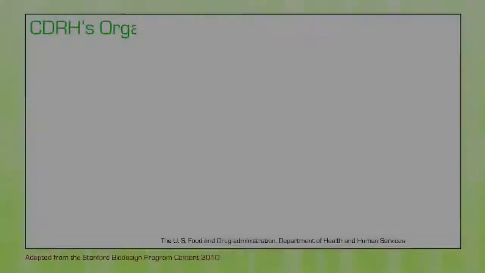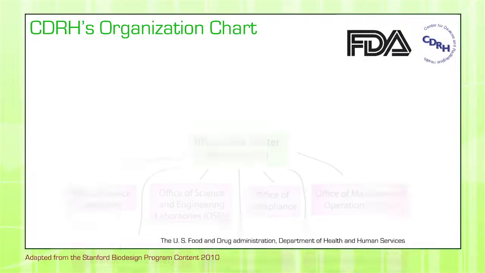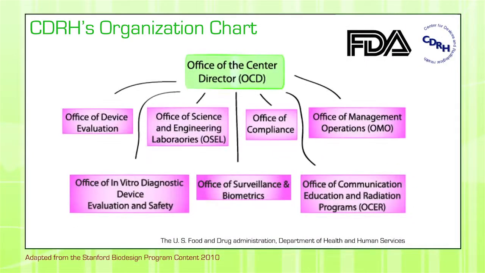The CDRH, as you're going to see, has many different components, and there is an organizational chart of how it is constituted. First, for the CDRH, there is an office for the center director, and this branches out to many different offices which are responsible for many of the determinations made on medical devices such as yours.